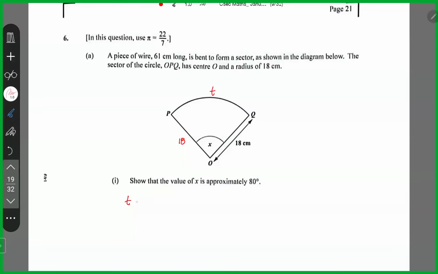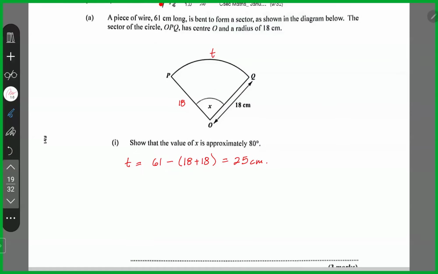So T would be equal to 61 minus 18 plus 18. This would be equal to, we get 25 centimeters. Remember, our objective is to determine X.